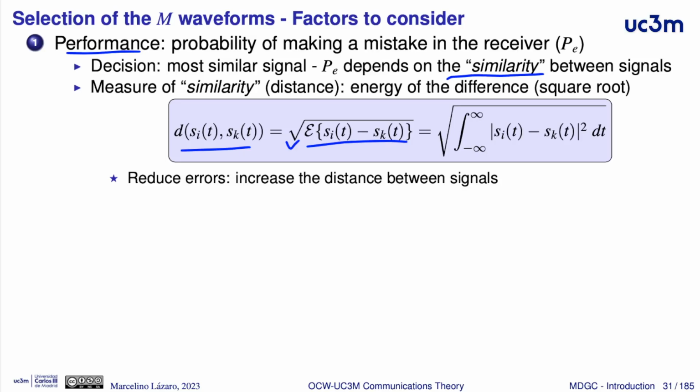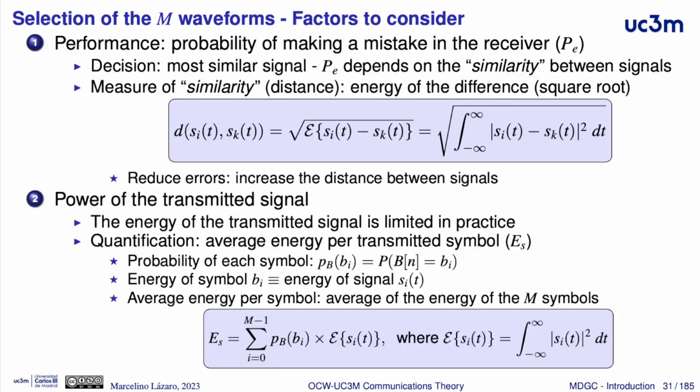The second factor to take into account is the power or energy of the transmitted signal, because the energy is always limited in practice. And it's necessary to quantify the energy associated to every symbol, which is the energy associated to the different signals that are associated to the symbols.